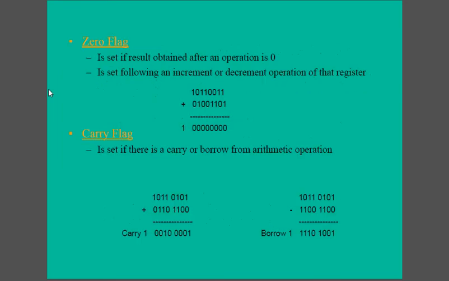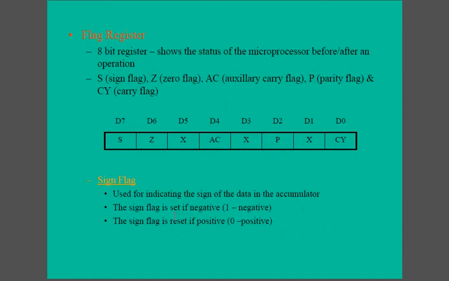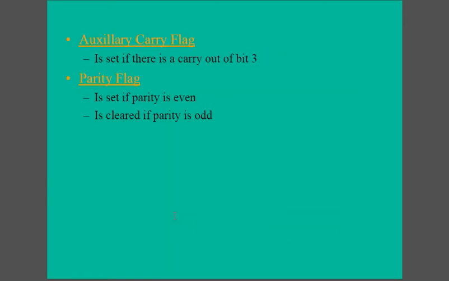The zero flag is set if the result obtained after an operation is 0. For example, you do an operation and the result is 0, then the zero flag will be set to 1. And then the carry flag: if you are doing an arithmetic operation and you have a carry of 1, then automatically the carry flag status will be 1.